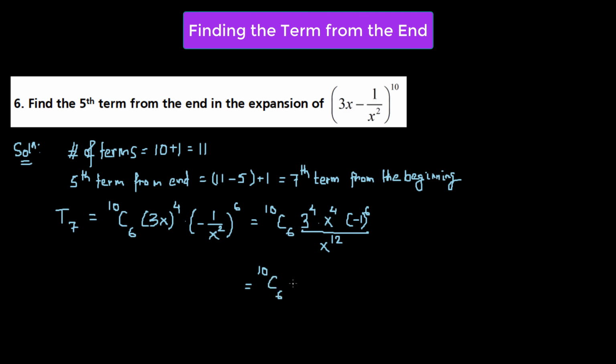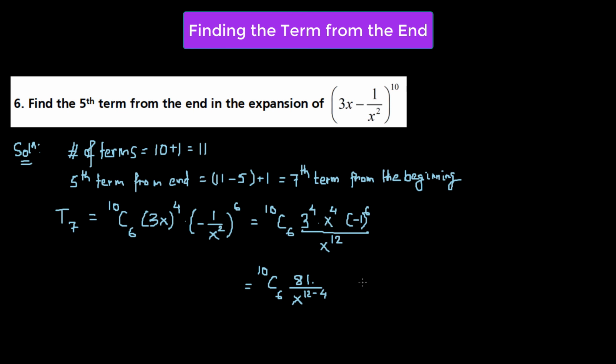10C6. 3 raised to the power of 4 is 81. Negative 1 raised to the power of 6 is positive 1. And then we take x raised to the power of 4 to the denominator and subtract the exponent from the exponent of the denominator. It will be 12 minus 4.